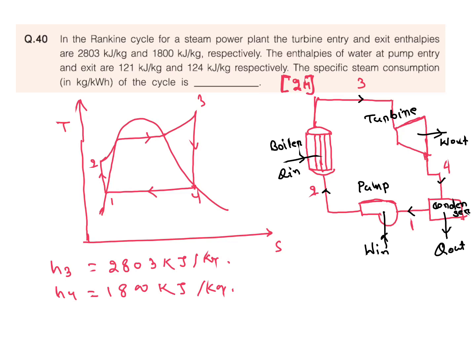Pump entry H1 is 121 kilojoule per kg, H2 is 124 kilojoule per kg. Specific steam consumption we have to calculate.